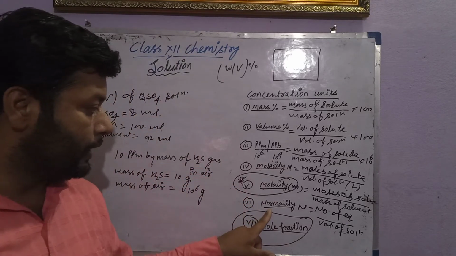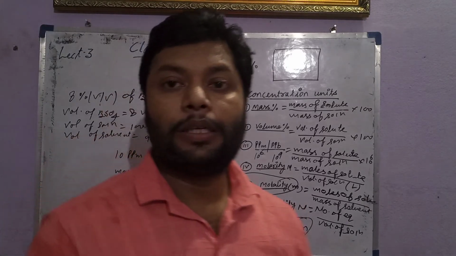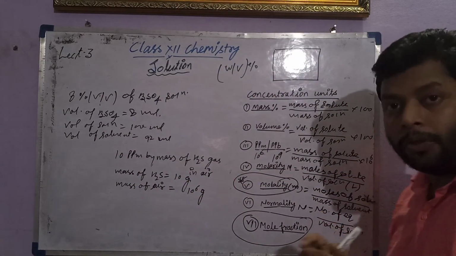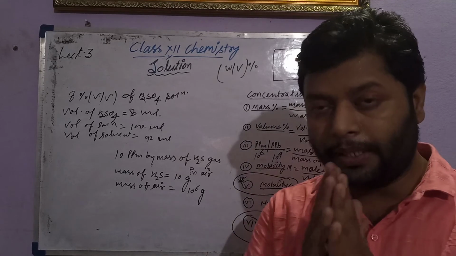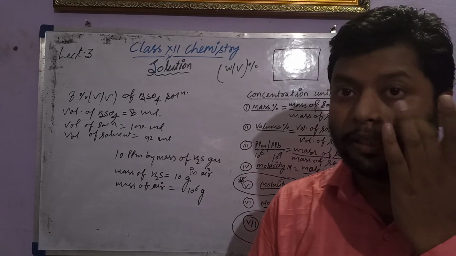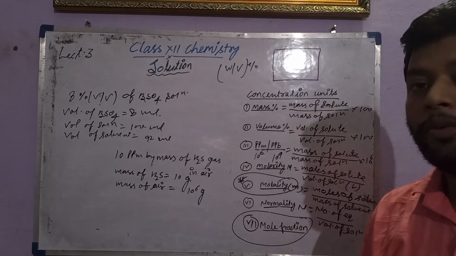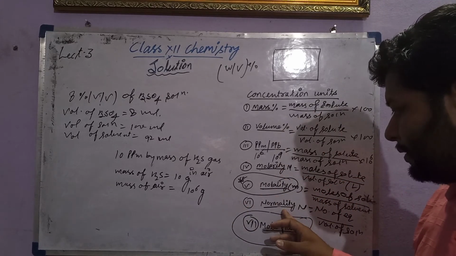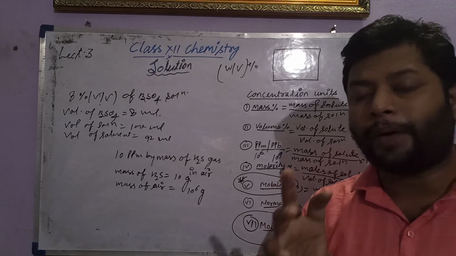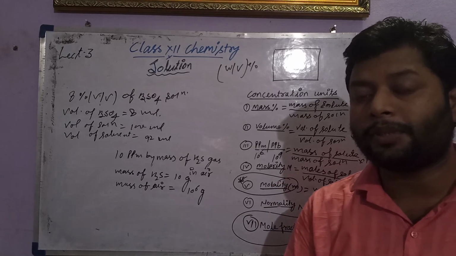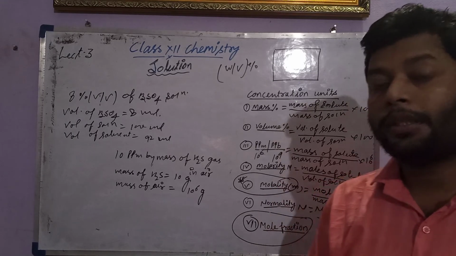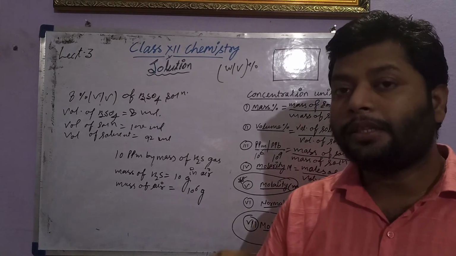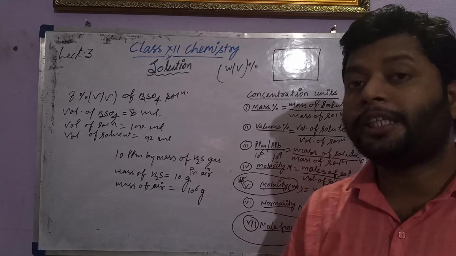Normality again gives an indication when acid, base, or salt dissociate in the solution. We get this concentration term because the concentration terms change in the solution as they dissociate.